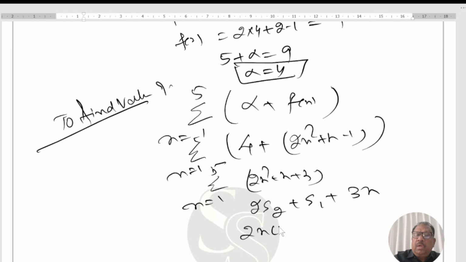That is twice n(n plus 1)(2n plus 1) divided by 6, plus n(n plus 1) divided by 2, plus 3n.